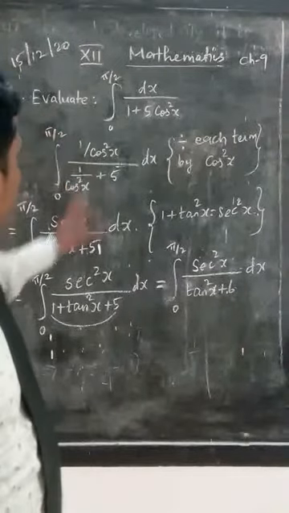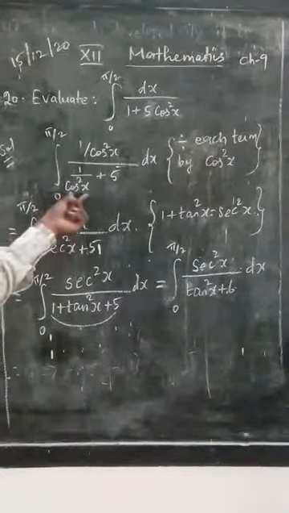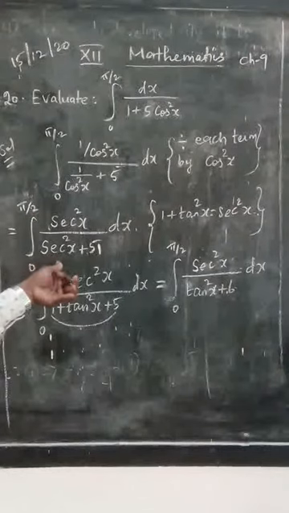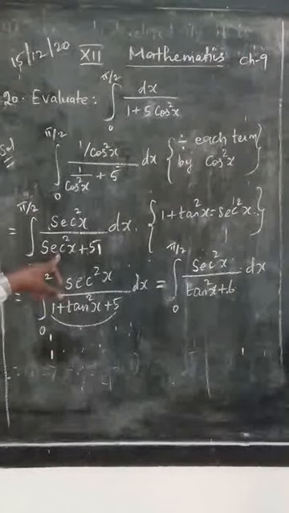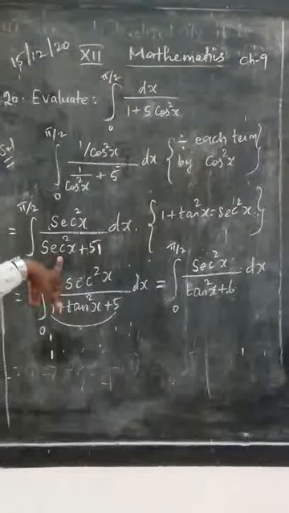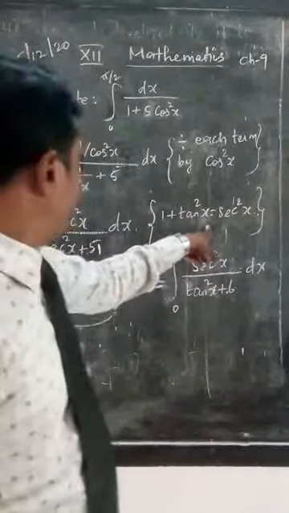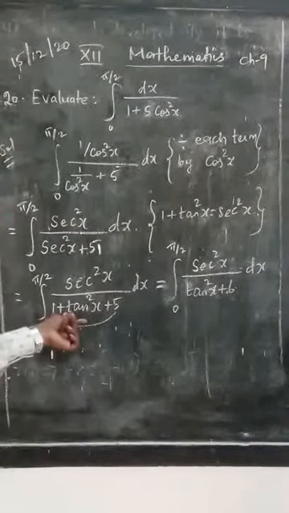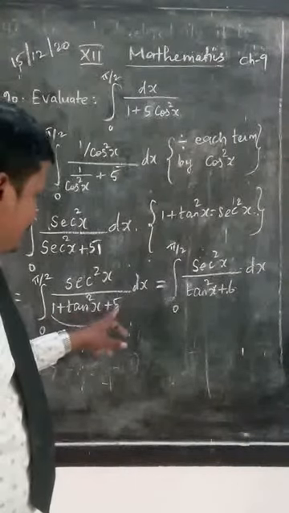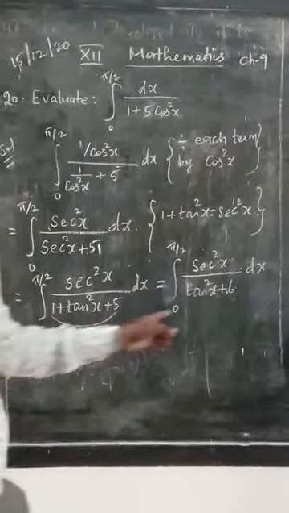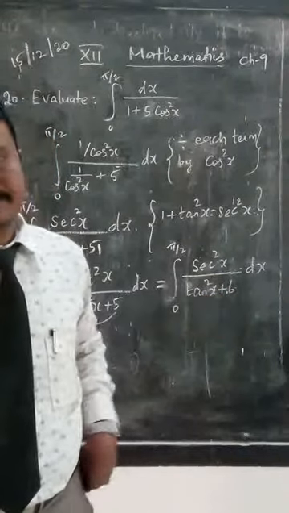And then 1 by cos square is written as secant square, and then using the formula for secant square x. What is the formula for secant square x? 1 plus tan square x, that we are substituting here. And then adding the numbers, 5 plus 1 is 6, so we are writing tan square x plus 6.